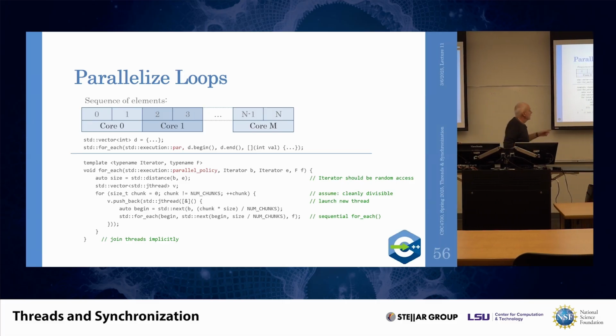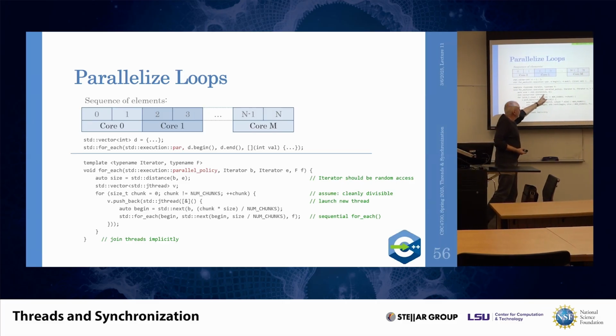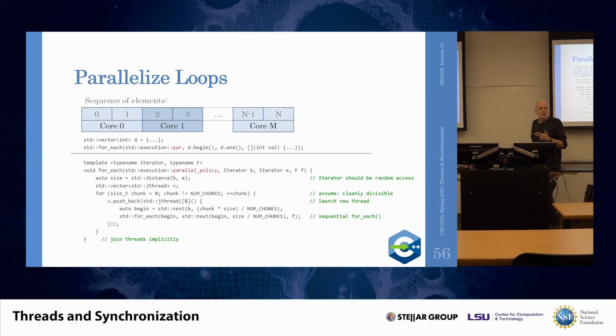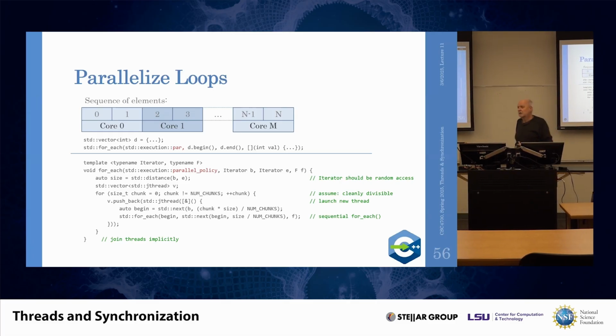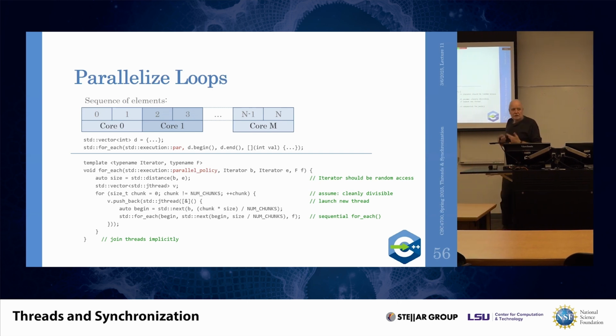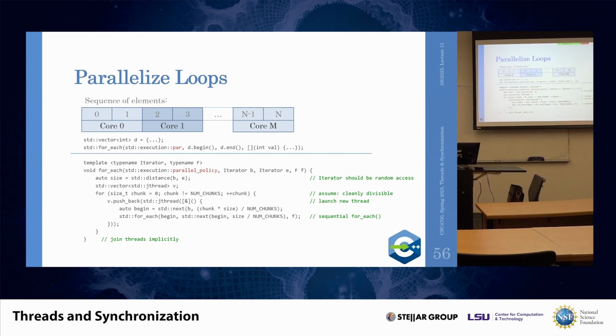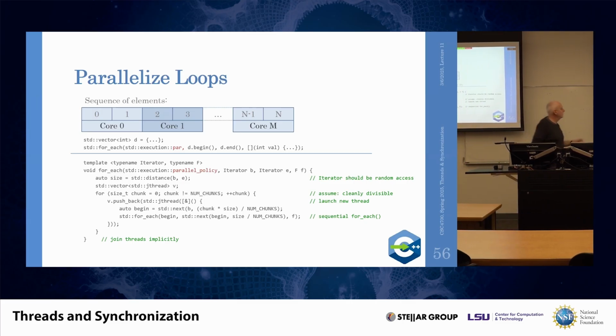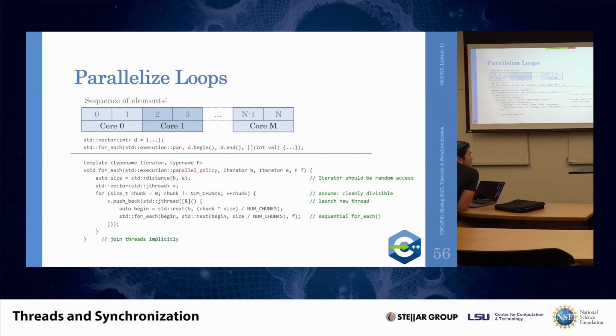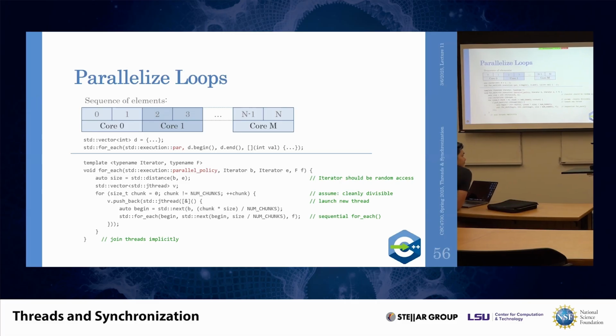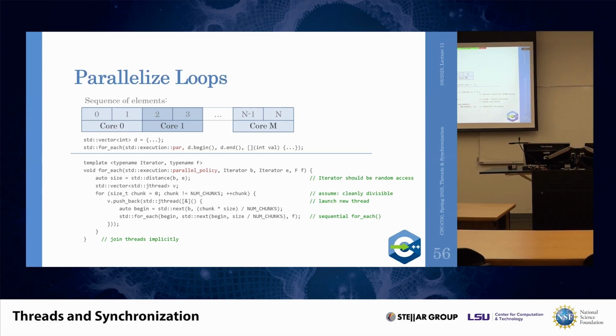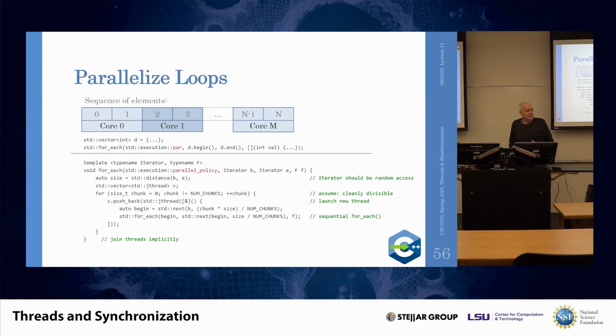So that means that for anything but random access iterators, this operation turns into a linear complexity operation, O(N), which defeats the whole purpose of parallelization, because by the point you have computed the size, you have gone over the sequence once. So why not do the actual operation while going over the sequence?